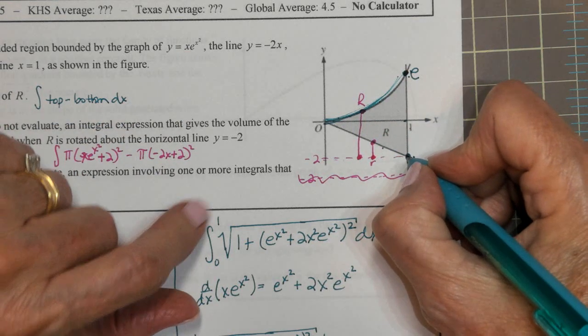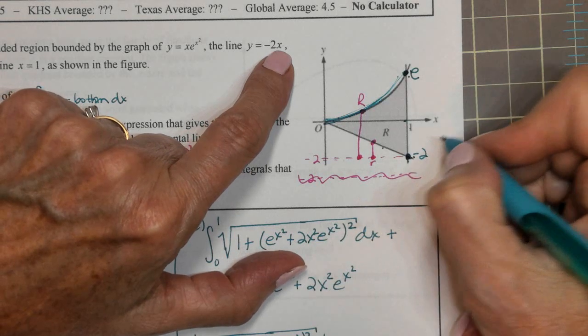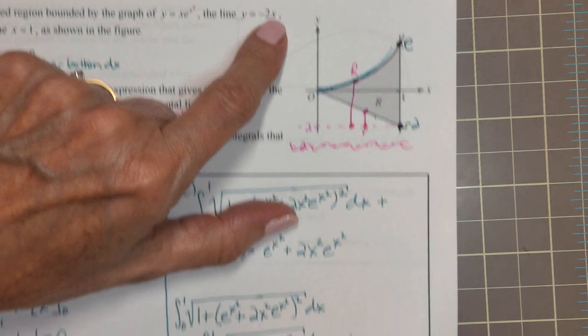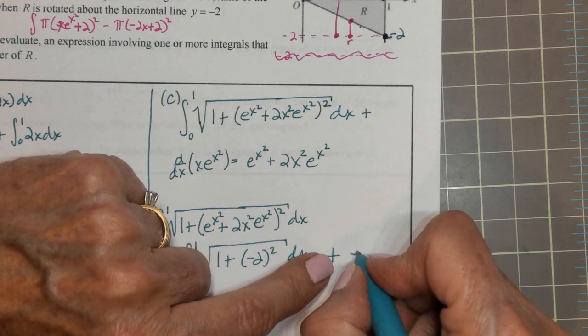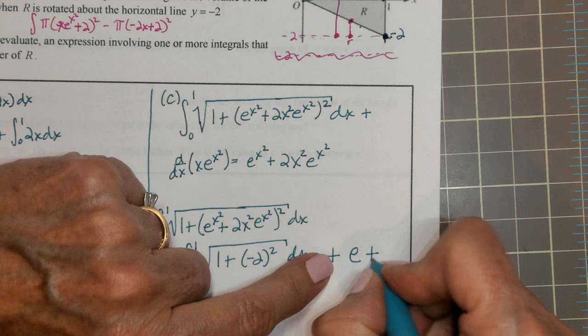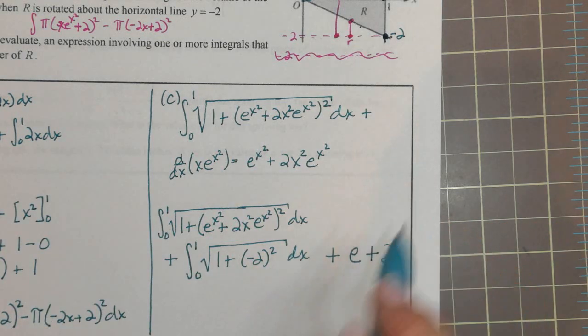This y value, when x is 1, is -2. So, come down here, top minus bottom, e minus -2. And that'll be the perimeter.